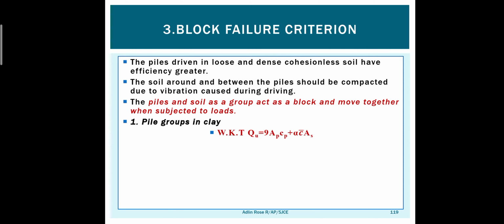We know that for a single pile, QU is equal to 9 Ap Cp plus alpha C bar As.